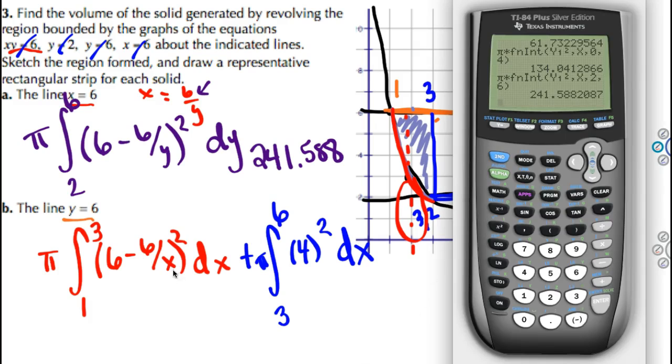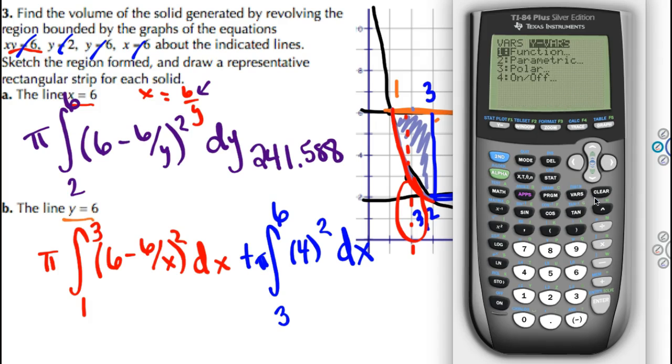So since this is already in y1, I'm good to go. I am going to go to y2 and put in 4. Okay. So on my home screen, second enter. That first integral only goes from 1 to 3. And then I'm going to go plus pi times math 9, and then my function is in y2.